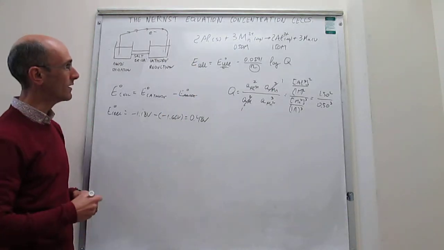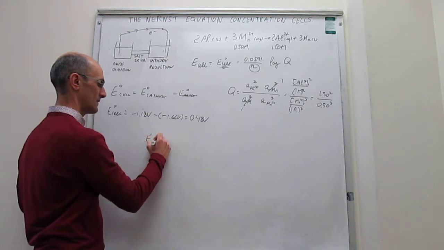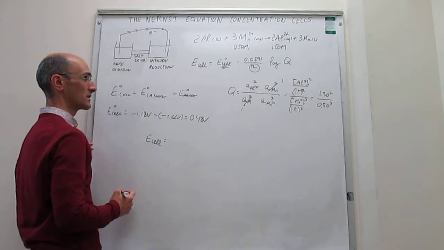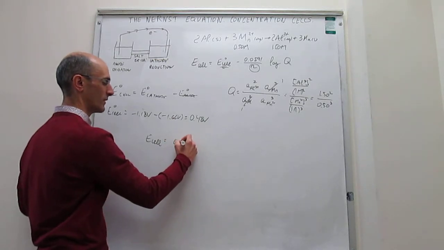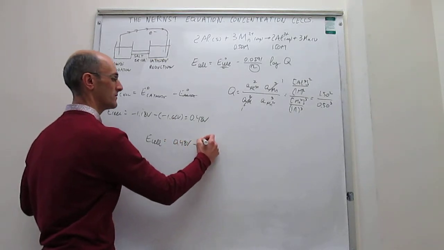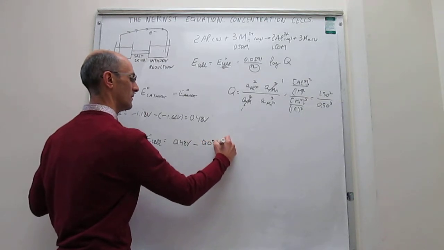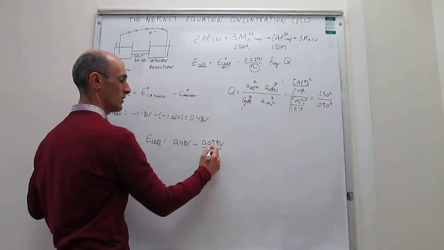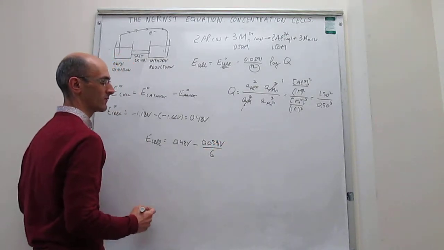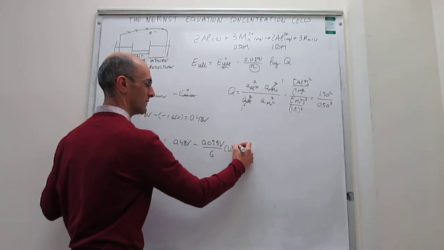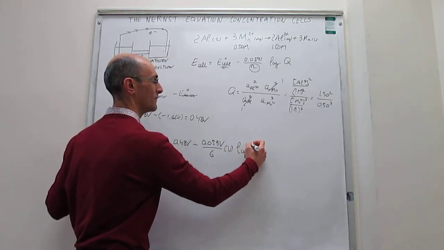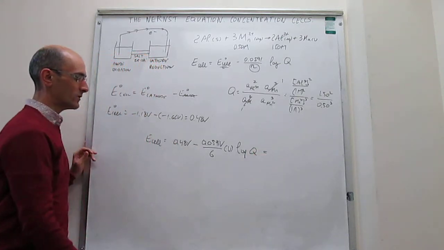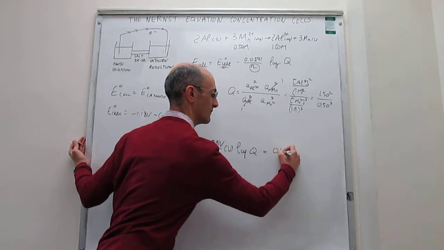All right, so then your final answer will be the cell potential is going to be equal to the potential of the cell at the standard state, which is 0.48 volts, and then minus 0.0591, which again only works if we're at room temperature, over 6, which is the number of electrons transferred, and the units of these are volts, times the logarithm of that quotient. Okay? All right, and when you do this, this happens to be 0.47 volts.